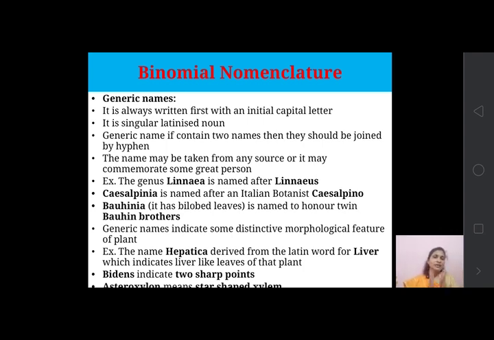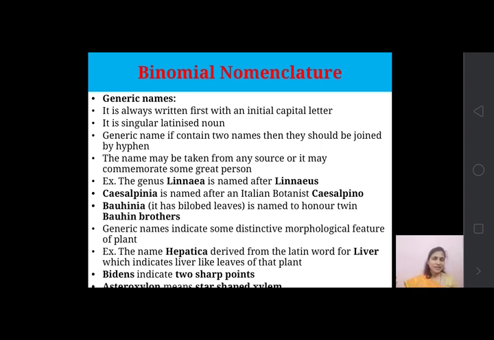For example, the name Hepatica, which is derived from the Latin word for liver. So in the Latin language the liver is known as Hepatica, which indicates the liver-like leaves of that plant. The shape of the leaf is liver-shaped, and that's why it has been given the name Hepatica.